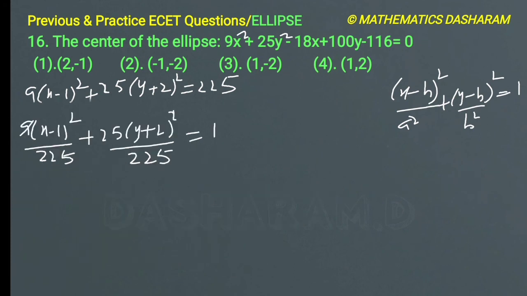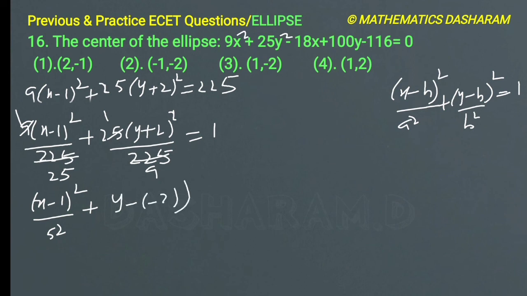So 9 ones are 9, 25s are, next 25 ones are 25, nines are. So then x minus 1 whole square by 5 square, next y plus 2 I am writing as y minus of minus 2 whole square divided by 3 square equals 1.